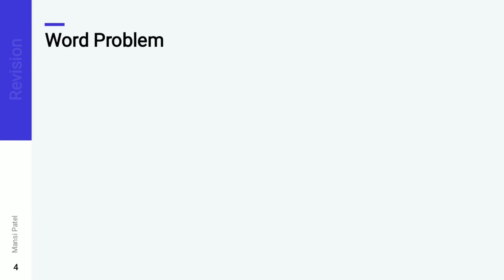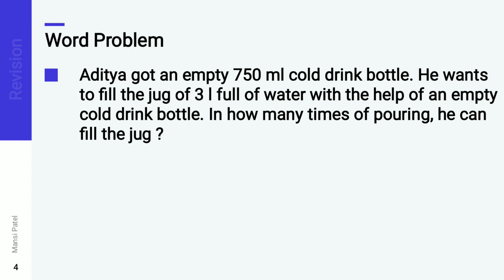Let us see another word problem. Aditya got an empty cold drink bottle whose capacity is 750 milliliter. Now what does he want to do? He wants to fill one whole jug whose capacity is 3 liter.